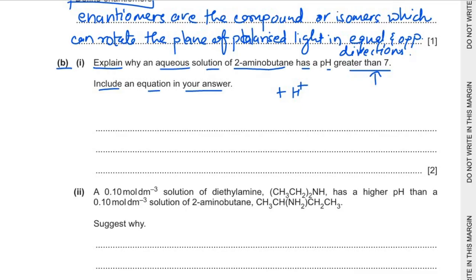The aqueous solution of 2-aminobutane has a pH greater than 7, so we have to show a structure in which it can accept the H+. And it's written, include an equation in your answer.